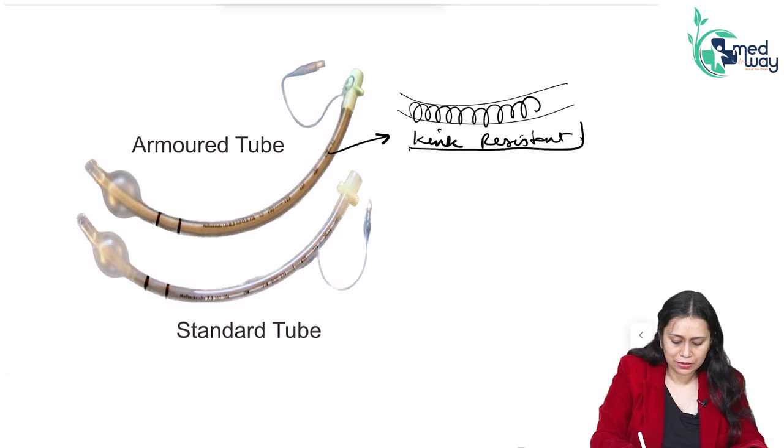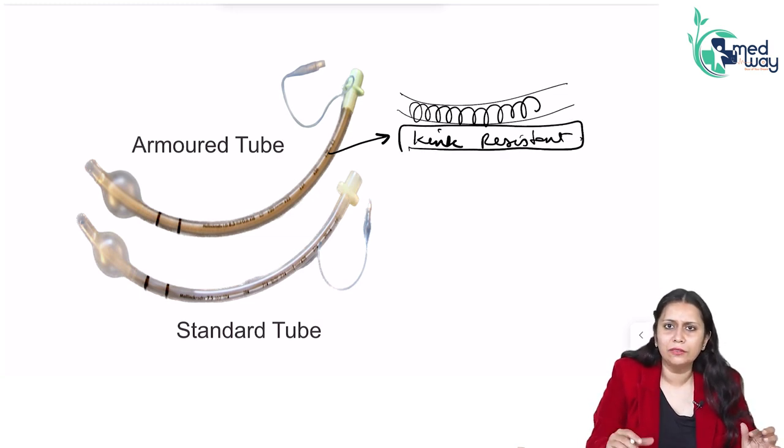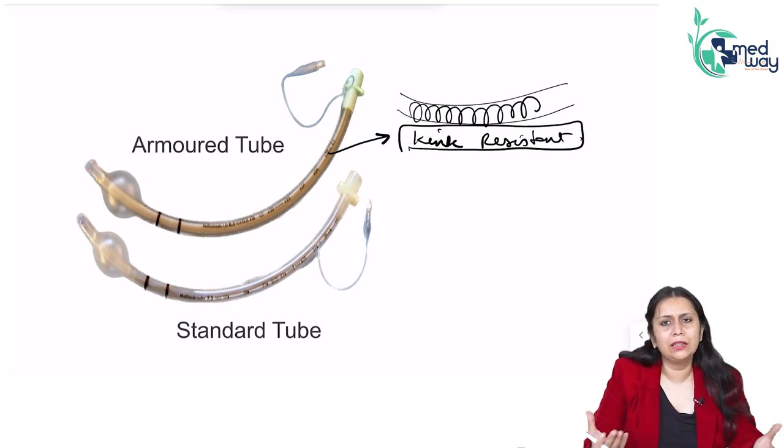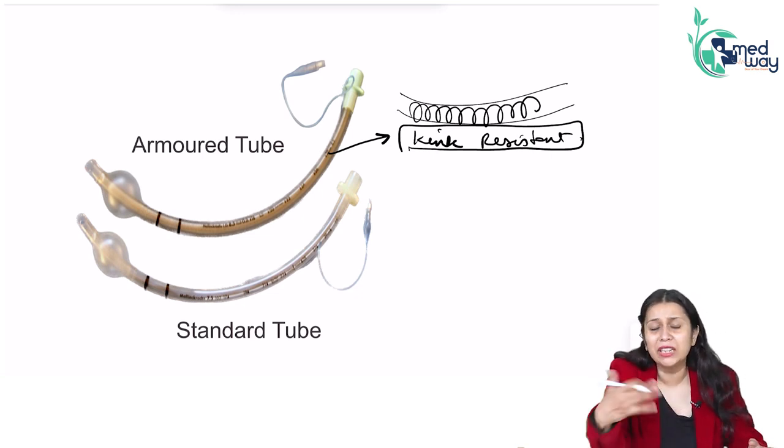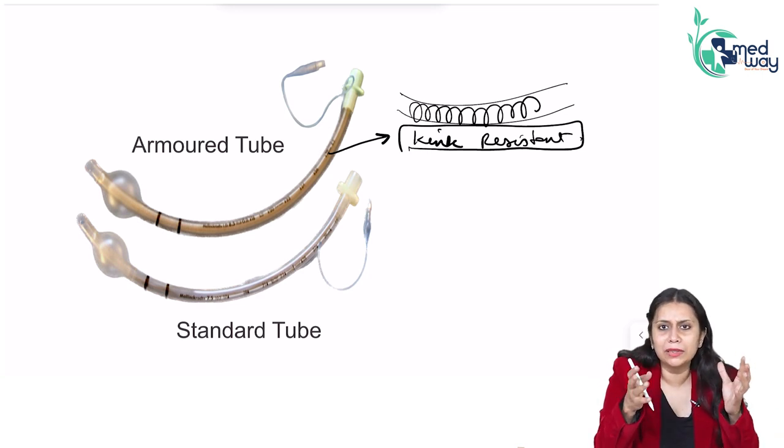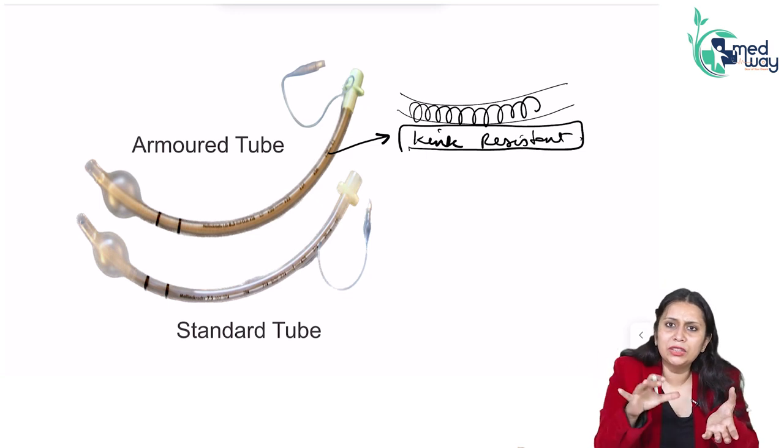Okay. So since it is kink resistant, wherever there is a risk of kinking of the ET tube, we use this tube. In neurosurgery, where the drape is on the tube and we are sharing the airway area with the surgeon and don't have easy access to the tube. In head and neck surgery, where the tube would go amid a number of apparatus which the surgeon uses for opening the mouth. Then for the prone position, because of the pressure on the tube, it can get kinked.